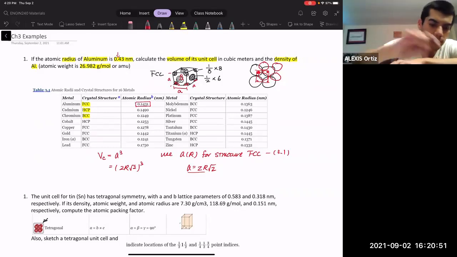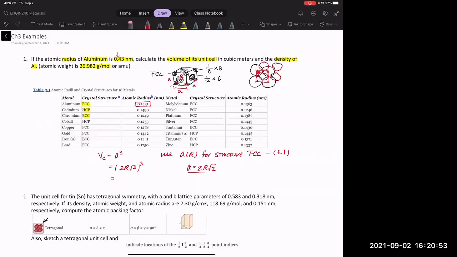So then the volume will be 8 times R cubed times square root of 2 to the power 3, that will be 2 times the square root of 2. Now you put the radius into this equation.